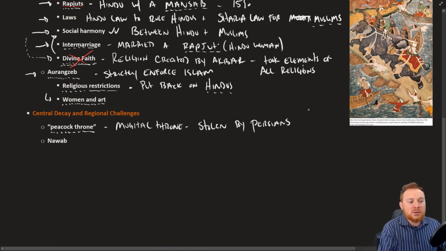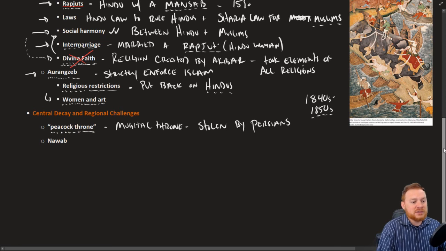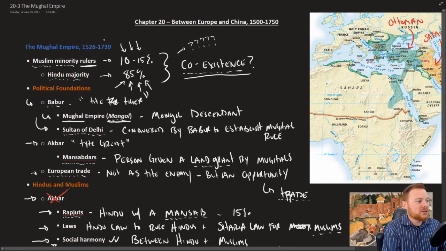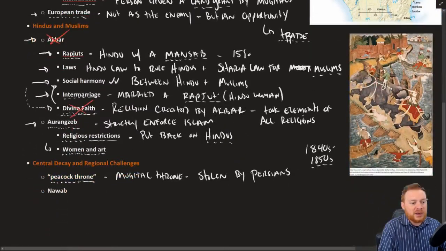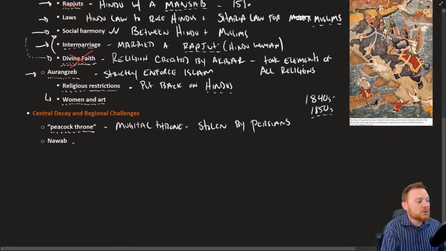And even though the empire existed roughly into the 1840s to 1850s, technically a Mughal empire still exists in the 1850s. By 1739, and especially best symbolized by having their throne stolen, the Mughals really don't have a lot of control in India. Instead, it's a lot more local and regional rulers.